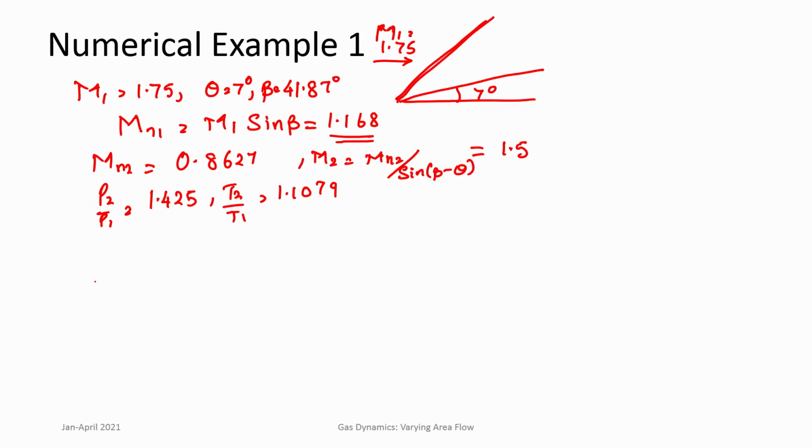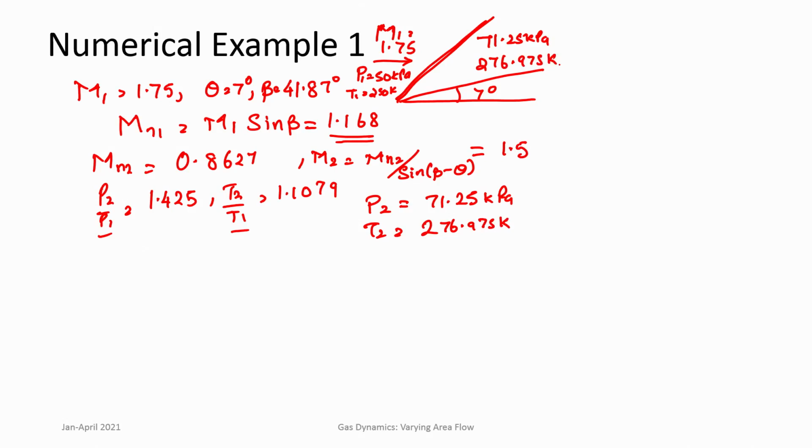P2 by P1 and T2 by T1 are known. P1 is 50 kilopascal, which is given as the static pressure, and T1 is 250 Kelvin. So these are static values. P2 is 71.25 kilopascal, and T2 is 276.975 Kelvin.